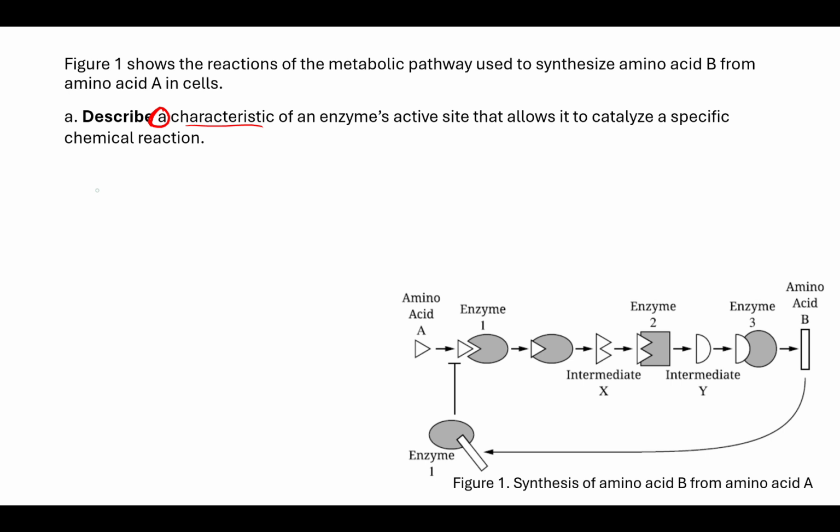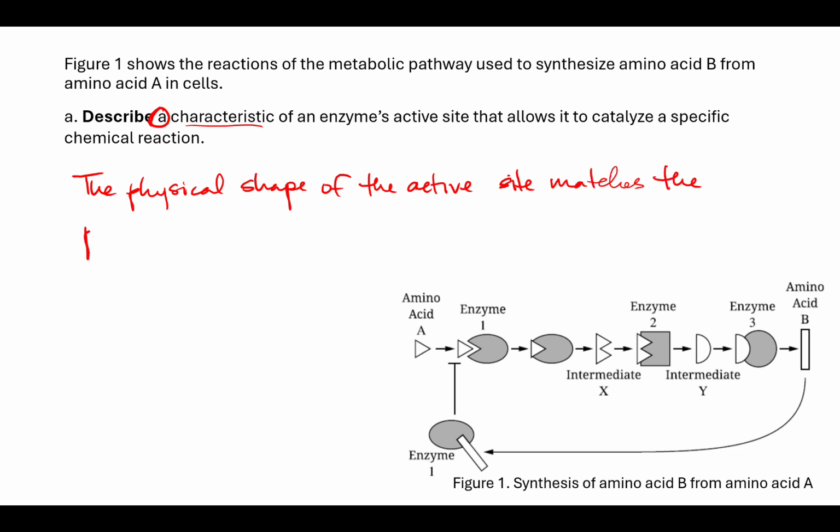Well, you can say something along the lines of the physical shape of the active site matches the physical shape of the substrate. There are other options you can put.